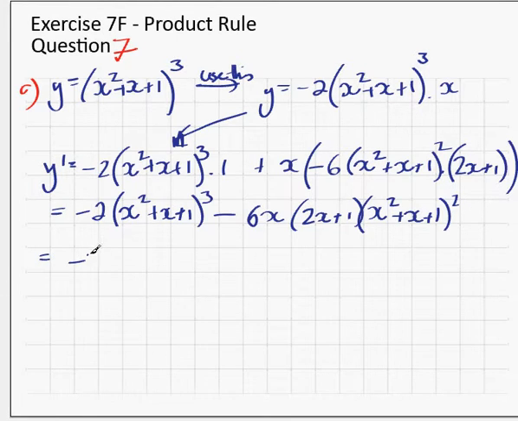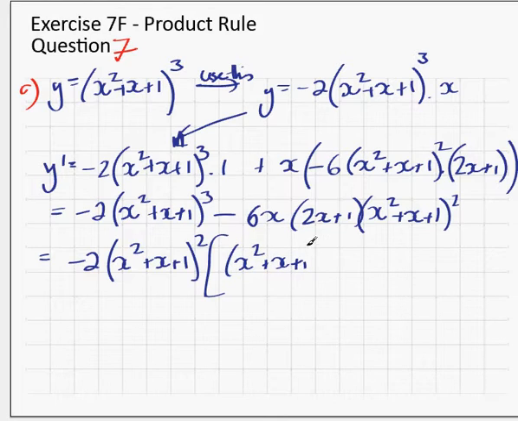So I'm going to take out a factor of minus 2 and two of these. Leaves me with one of those from here. 3x lots of 2x plus 1 from there.